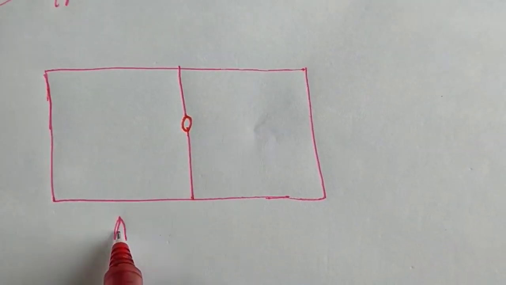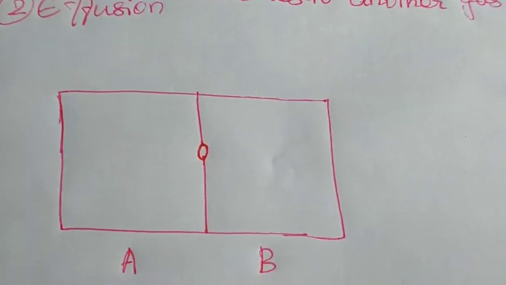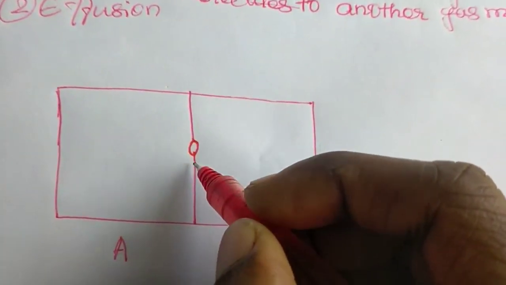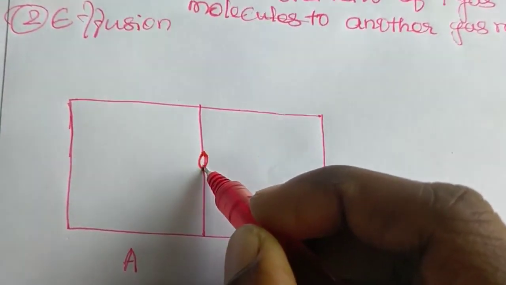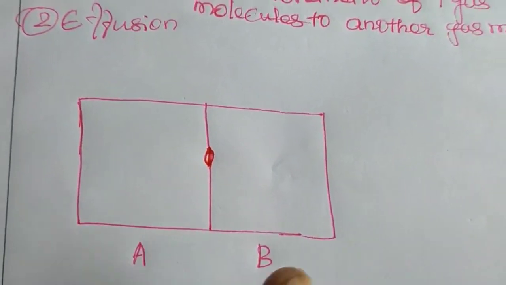We have named them A and B. First, close this hole in between these two parts. Now we have closed this hole, though we can connect the two parts through the hole.